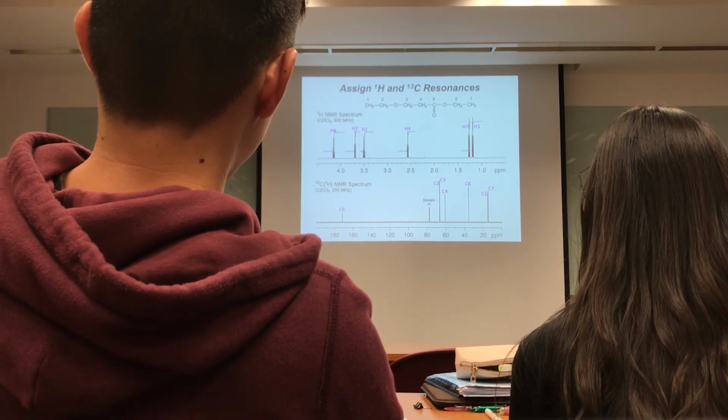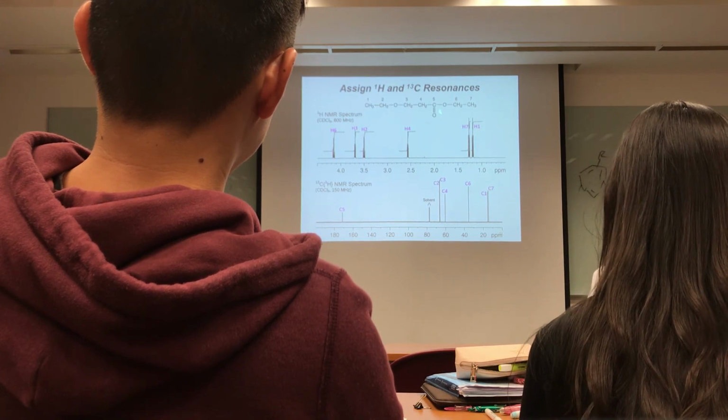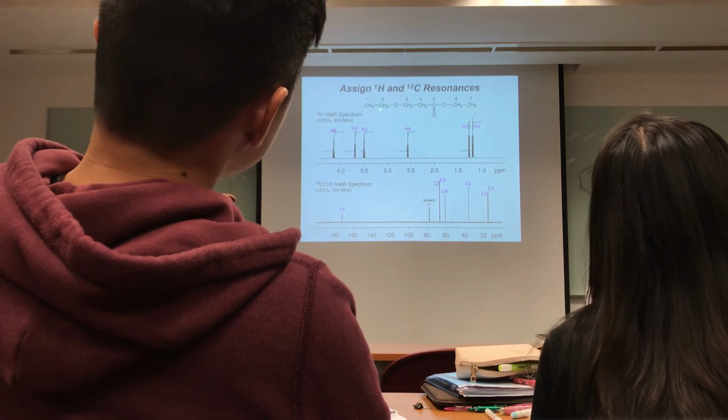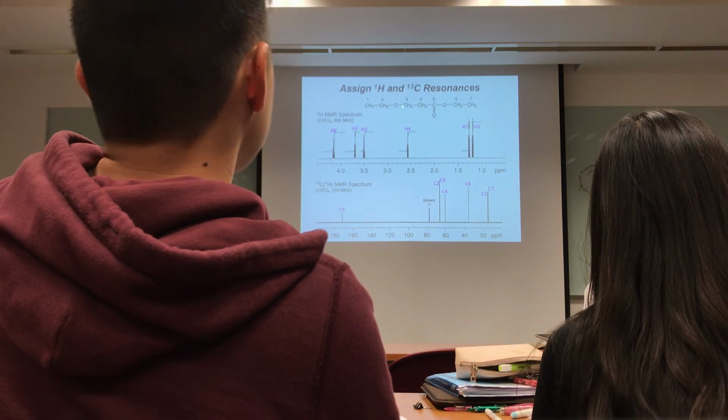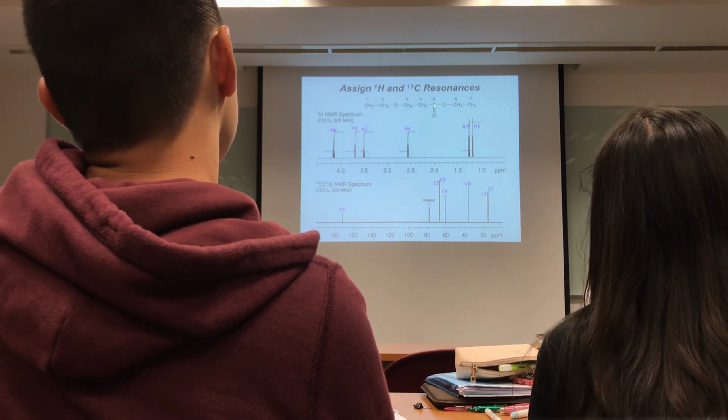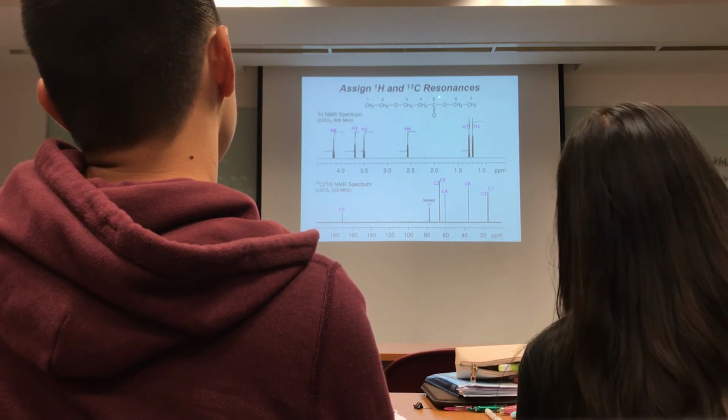Because we use HMBC to identify this ethyl from this ethyl. Because this ethylene CH2 can see carbon 3, this ethylene CH2 can see carbonyl 5, right?